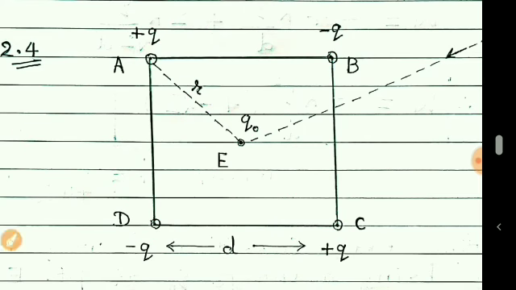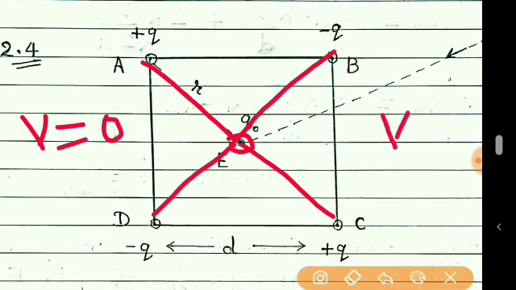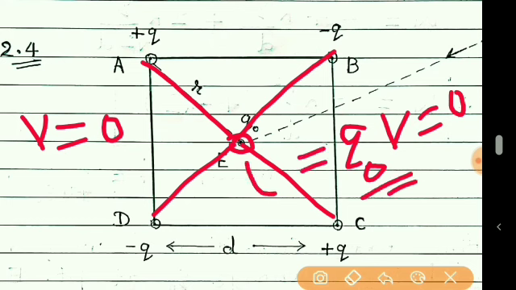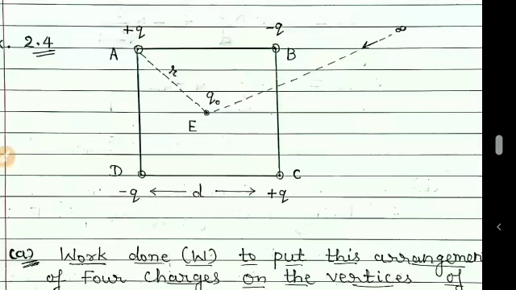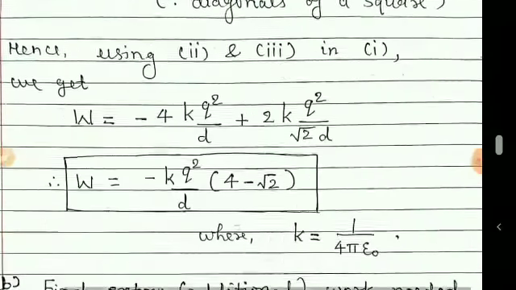And so the potential at point E due to all these charged particles which are on the vertex is 0. And if the potential is 0, and if we multiply any charge q with this potential, then the result will be 0. And we know that q into V is nothing but potential energy, and that is equal to work done.